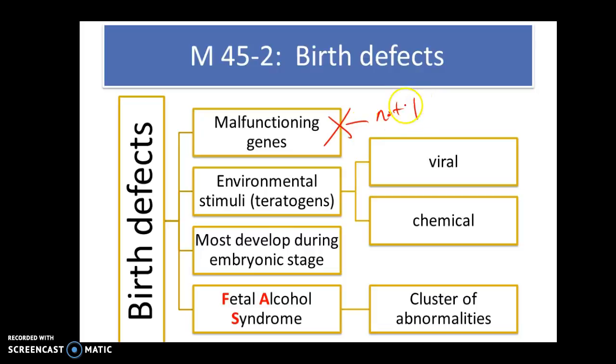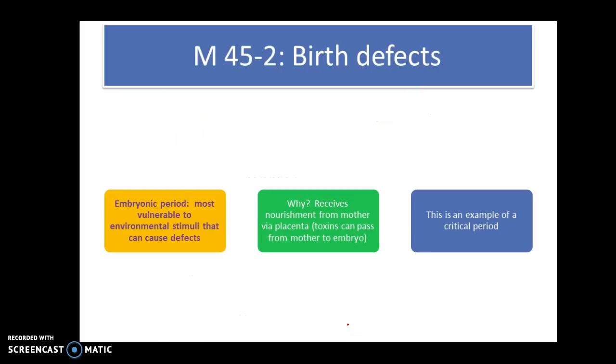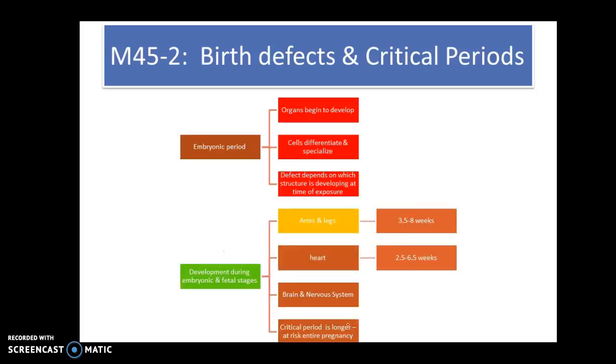So these are not examples of teratogens. These are examples of teratogens. Fetal alcohol syndrome is a disease or a syndrome that results from alcohol, which is a teratogen. This is just a brief summary of this. So again, remember, you can pause me at any time.